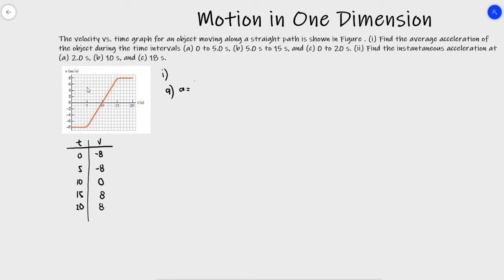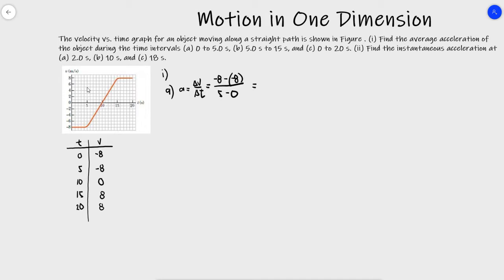Therefore, at t equal to 5 seconds, the velocity is negative 8, minus that at t equal to 0, minus of negative 8, all over 5 minus 0.